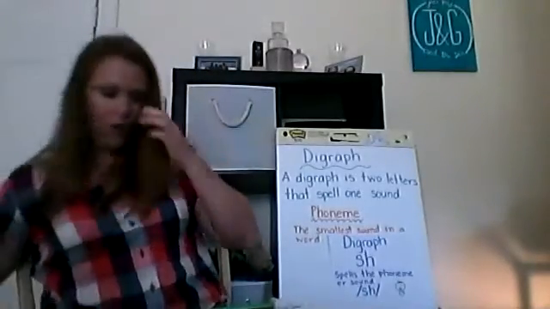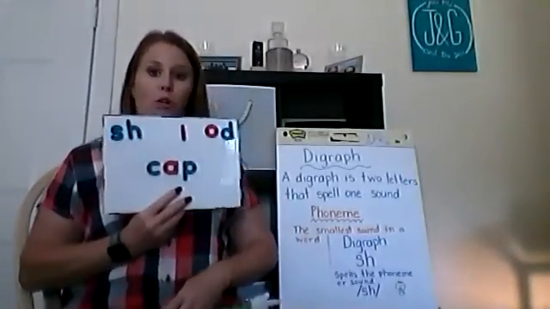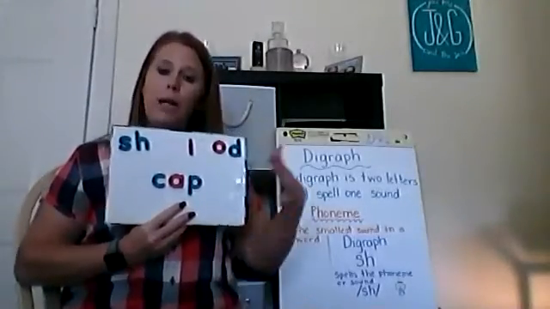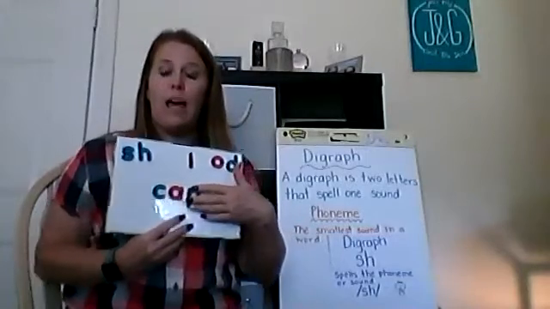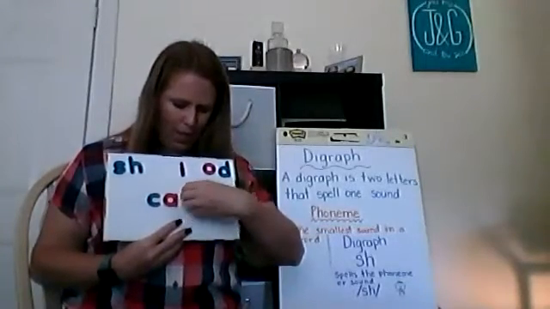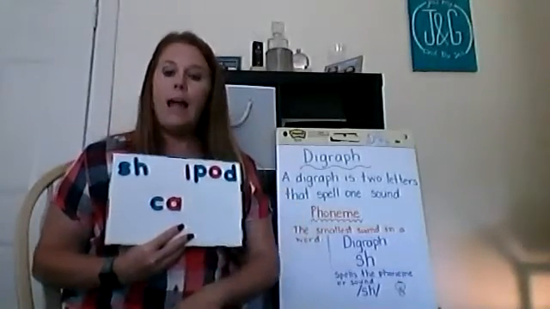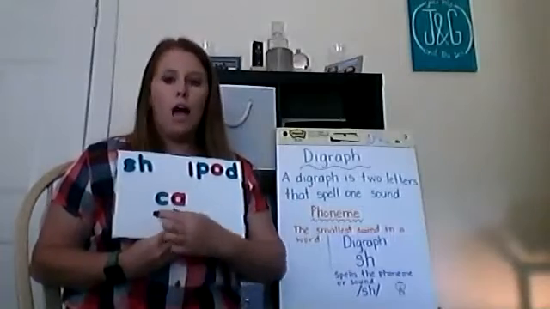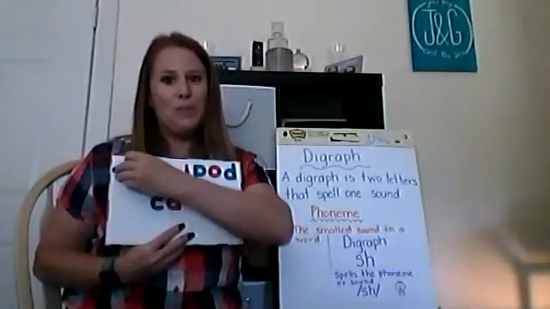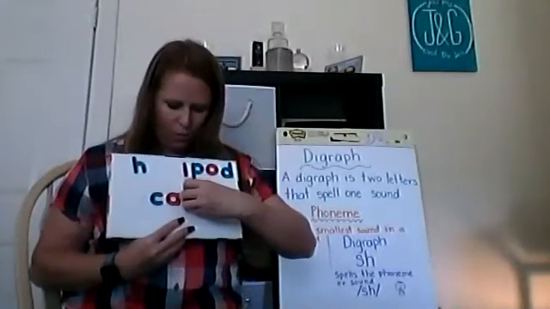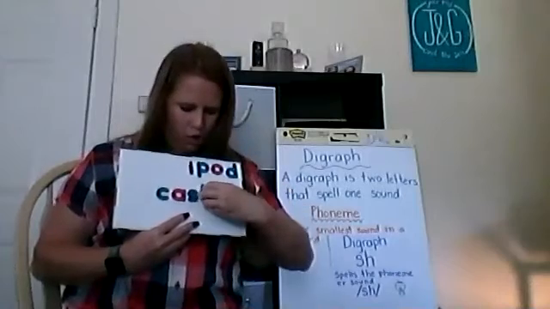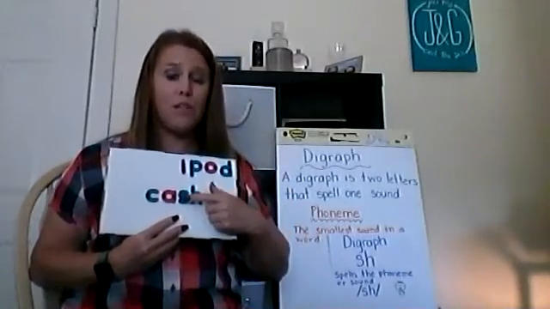Okay, so we're going to move on to our next word here. And we've done this in class before where we've changed the letters. So I'm going to change the ending sound here. I'm going to take that P and put it back up here. I'm going to bring down two letters here, my S and my H. And remember, S-H is my digraph.